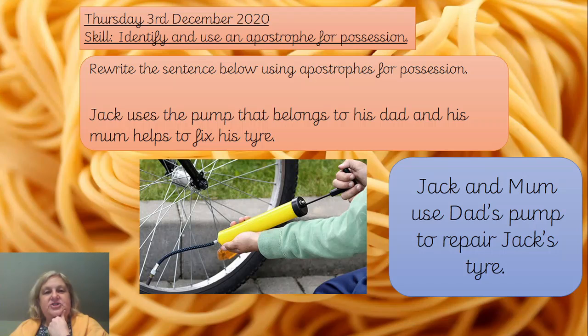And it's Jack's tyre. The tyre belongs to Jack, so it's another one that you can put in, and it's Mum and Jack that work together to do that, so that works quite nicely. It sort of condenses that sentence down quite nicely.